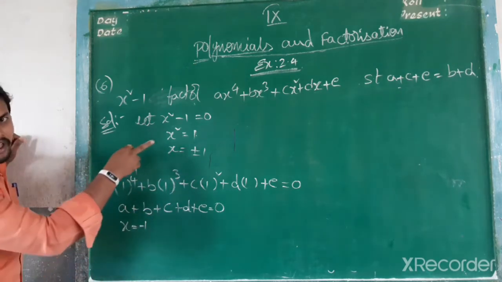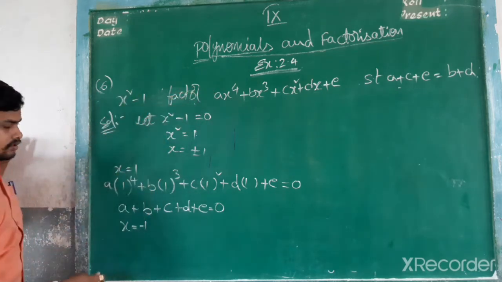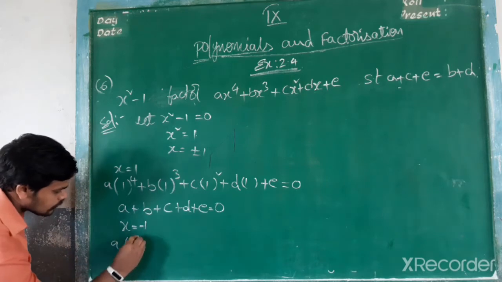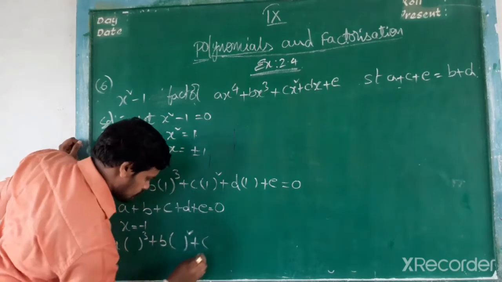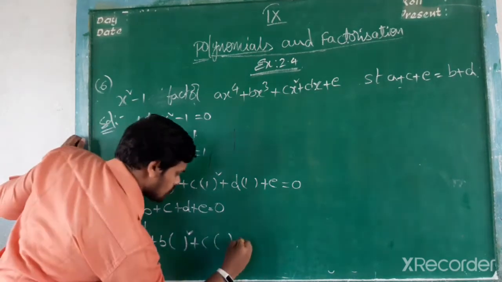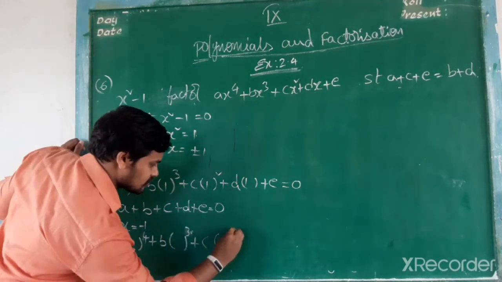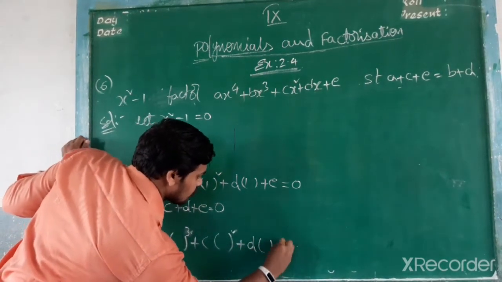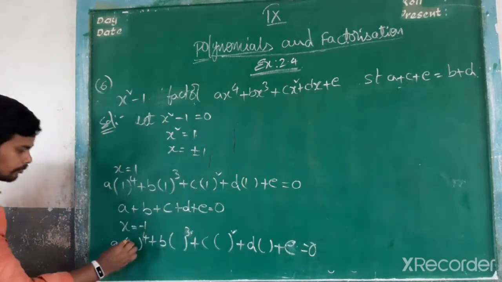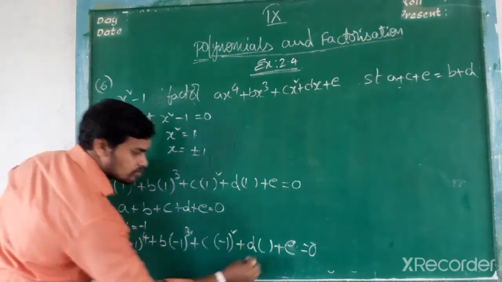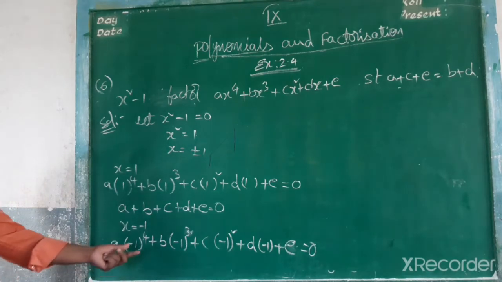So minus 1 is also a factor of this polynomial, because here total x square minus 1 is a factor of this polynomial. So ax power 4 plus bx cube plus cx square plus dx plus e equal to 0. So minus 1 whole power 4, the value is 1 because it is an even number.